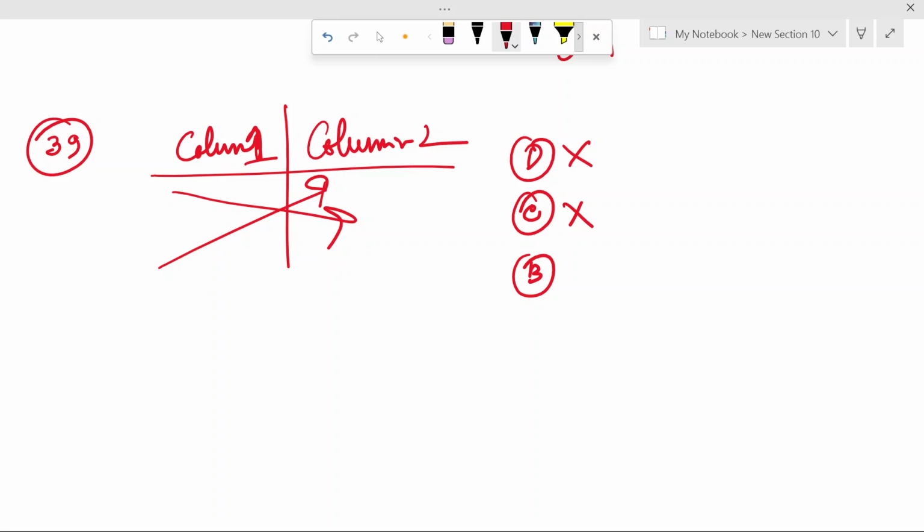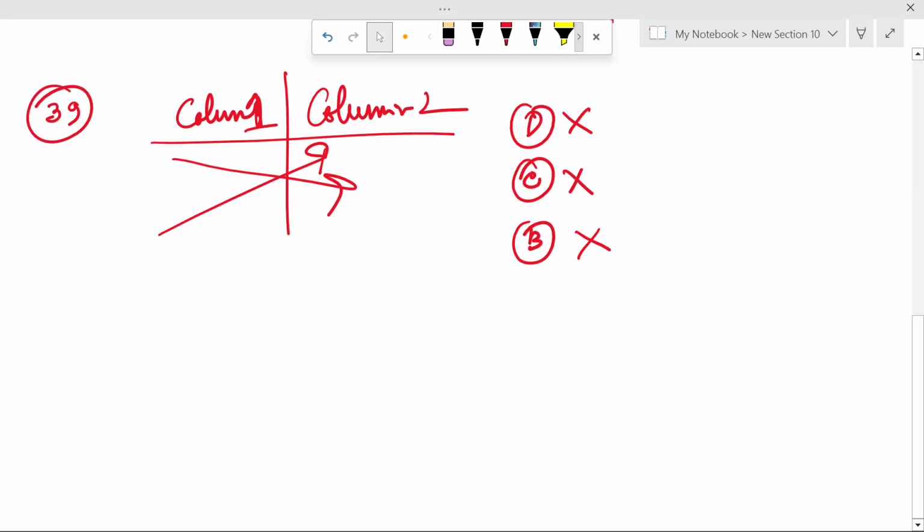Then gamma rays are used for pair production and crystal structure determination. Gamma rays, yes, it can be used, I guess. And also thermal neutrons are used for crystal structure determination and the photoelectric effect. Can thermal neutrons be used for the photoelectric effect? I don't think so. So let's say B is also wrong.